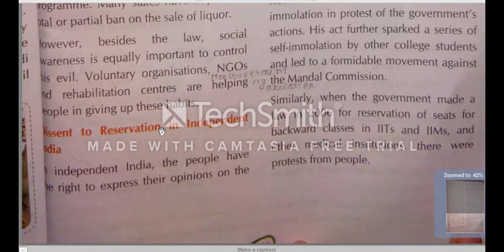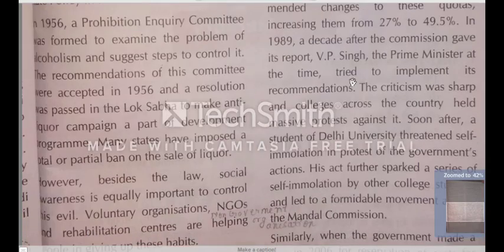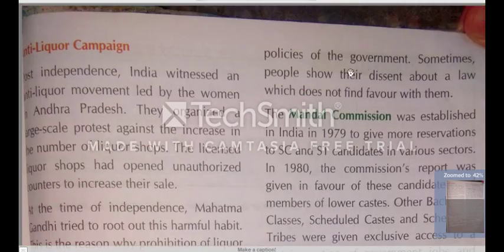Now we will see dissent to reservation in independent India. What is the meaning of this? Let's see. In India, the people have the right to express their opinion on the policies of government.